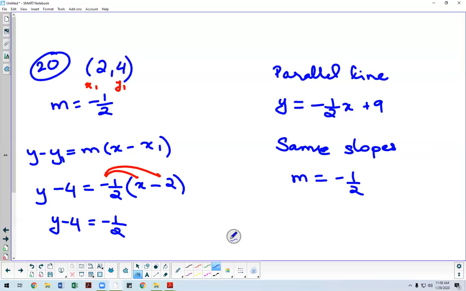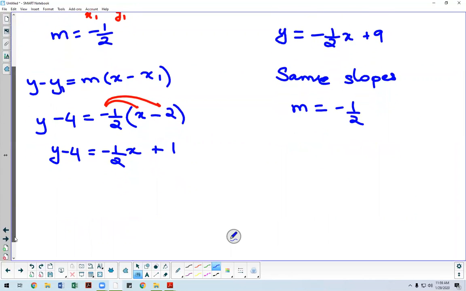That would give us -1/2 x, and what's -1/2 times -2? +1, yeah, the two negatives become positive. 1/2 times 2, think about it as canceling out, or if you multiply, you get 2/2, which becomes a 1.